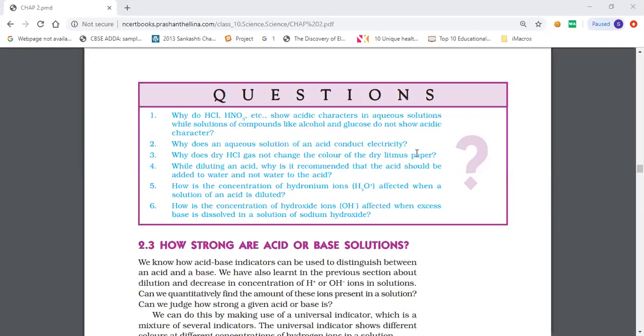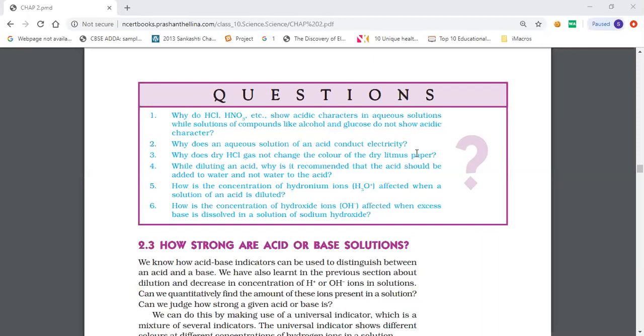Ma'am, it's because when HCl reacts with water, then only it shows its acidic properties. Since it's dry, it won't turn litmus paper red. So when it is moist, it will show red color. Your acid shows acidic characters only in presence of water because H plus ions are free.